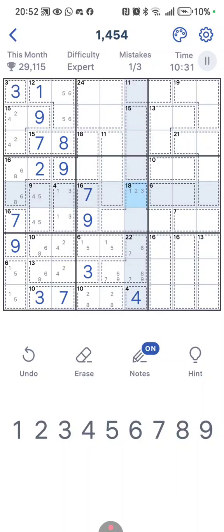Let's look. Do you know what I'm not doing? If in doubt, scan. Is there anything to scan? I suppose there is. 1 of 5. No. 2. 3.